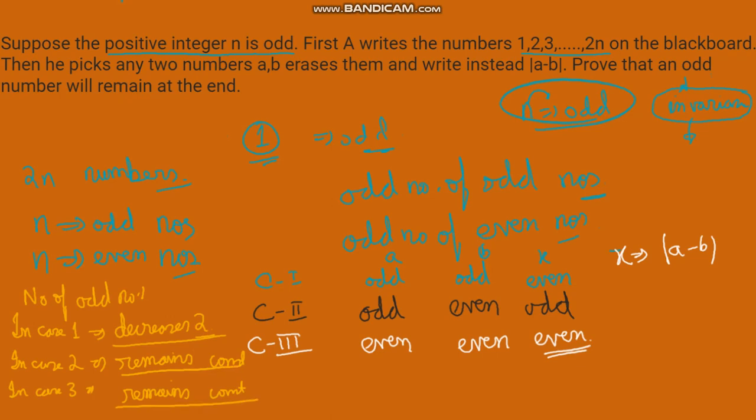Fine. So what we can see is that the number of odd numbers either decreases by 2 or remains constant. What does this imply? This implies that the parity of the number of odd numbers is invariant. Parity means odd or even.